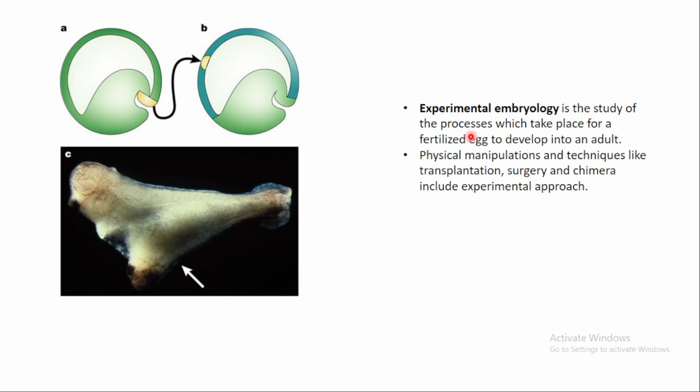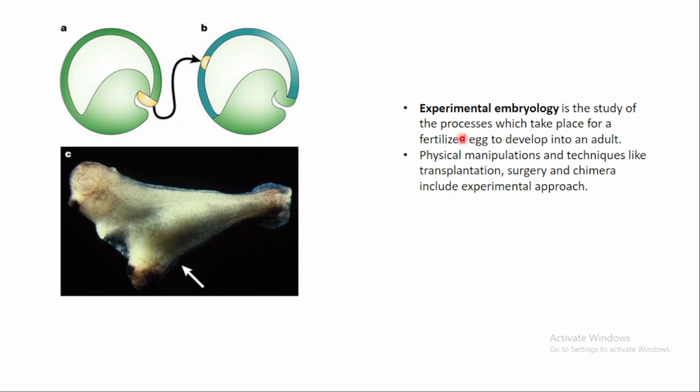Experimental embryology is a study of processes which take place for a fertilized egg to develop into an adult. So what processes give rise to an adult from a fertilized egg? With the help of physical manipulation and techniques like transplantation, surgery, changing the plane of cell division, we do experiments on the embryo itself, on the fertilized egg itself.